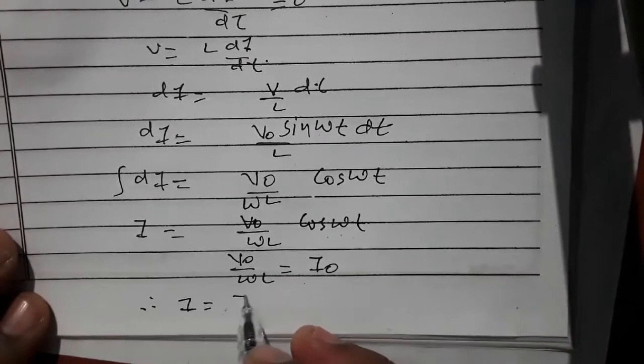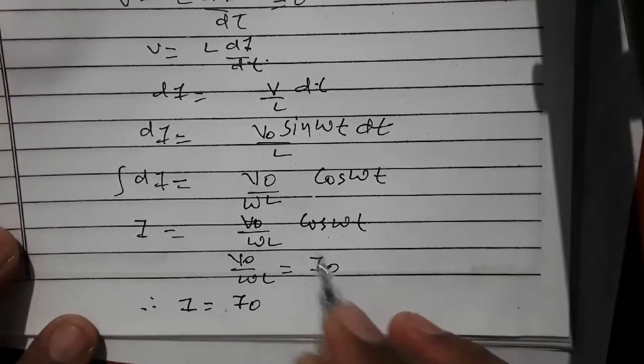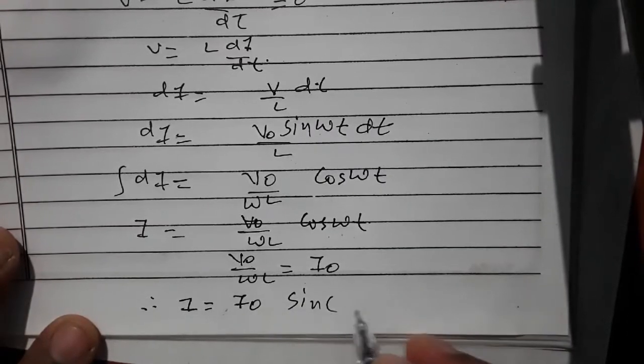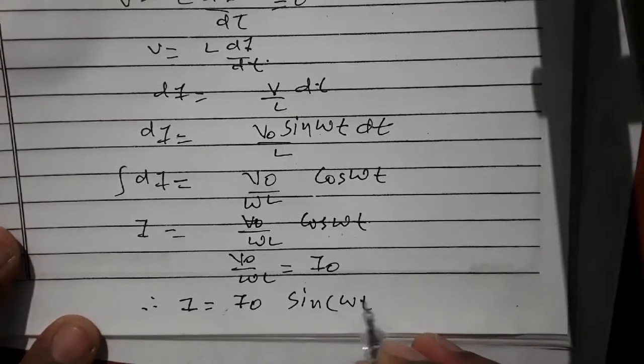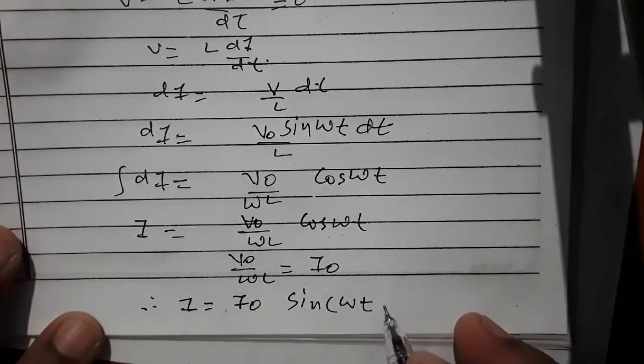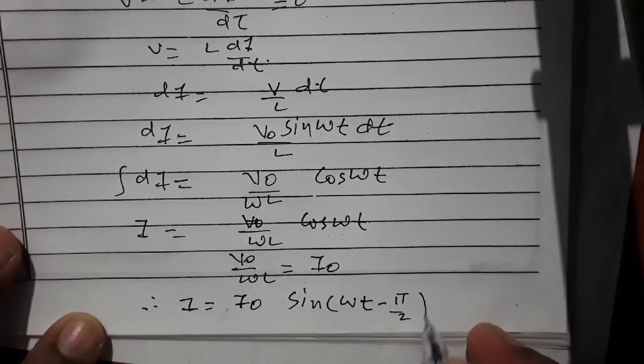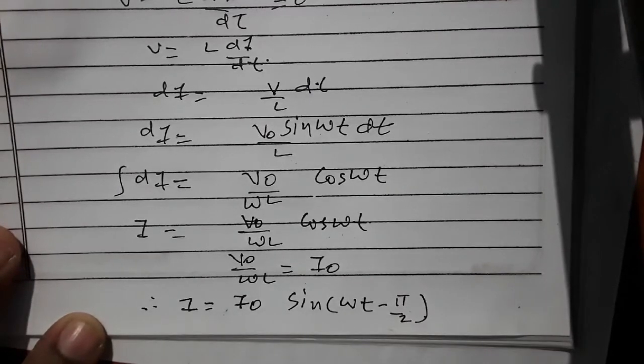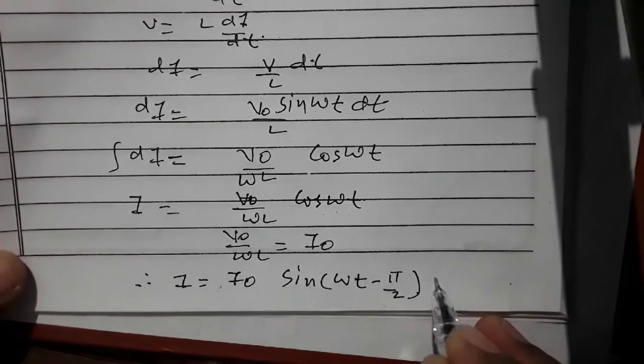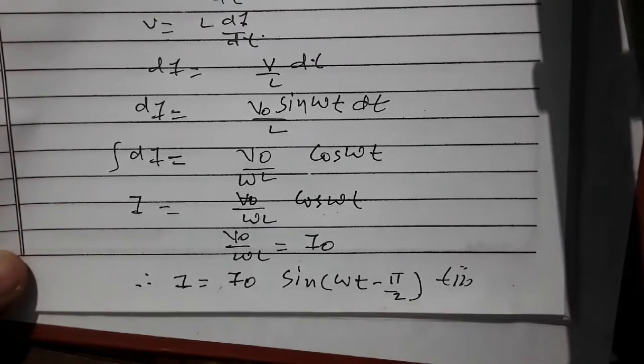So we can write I is equal to I naught into sin omega t minus pi by 2. This is equation number second.